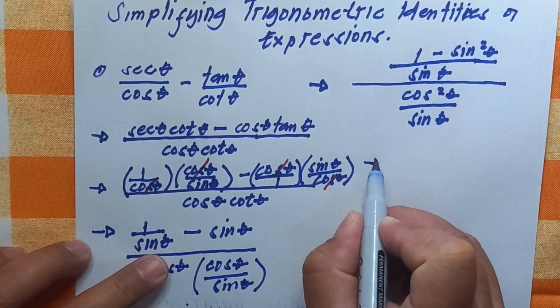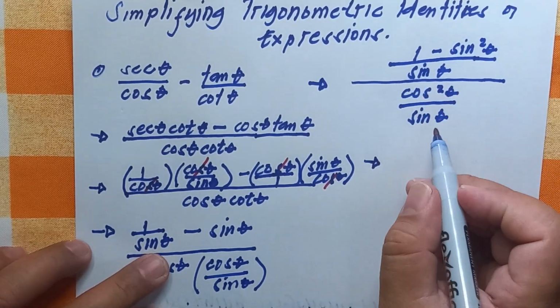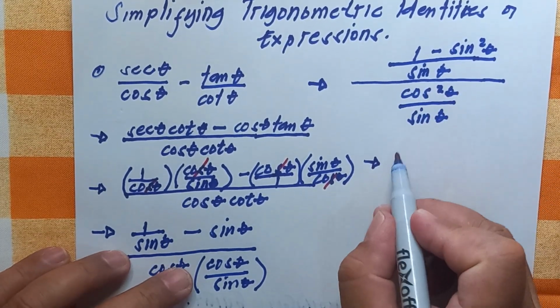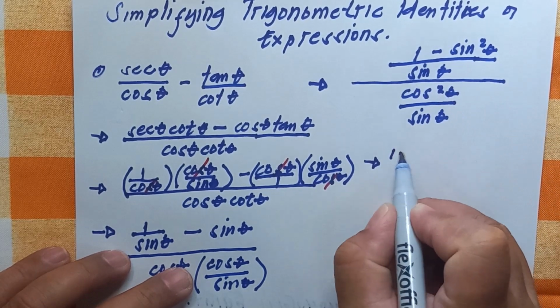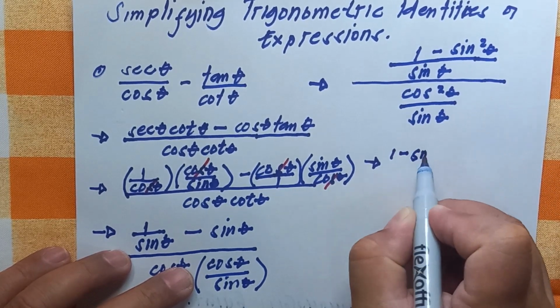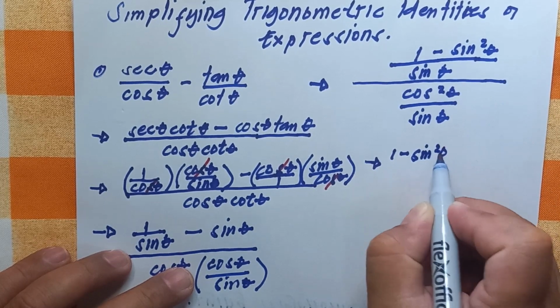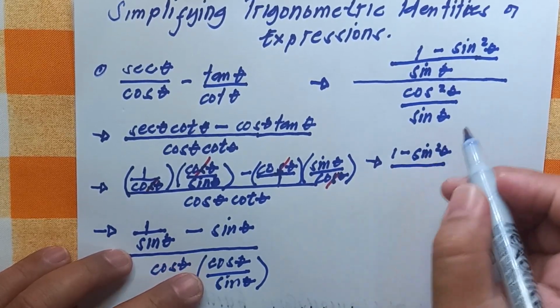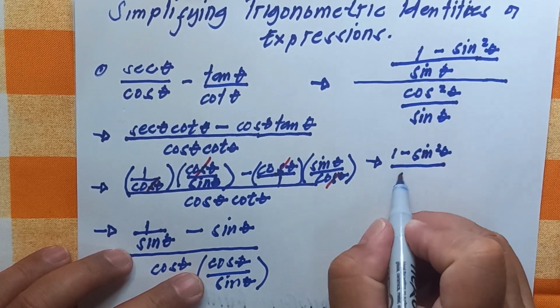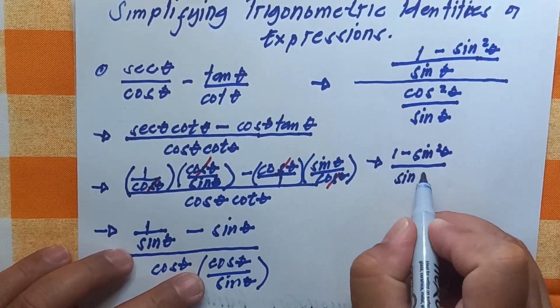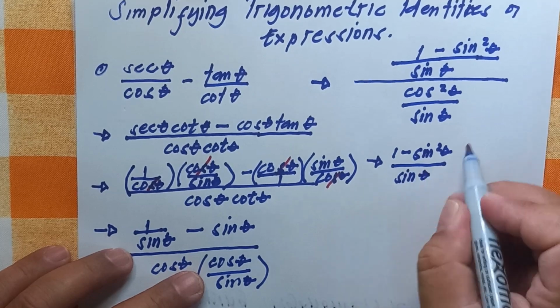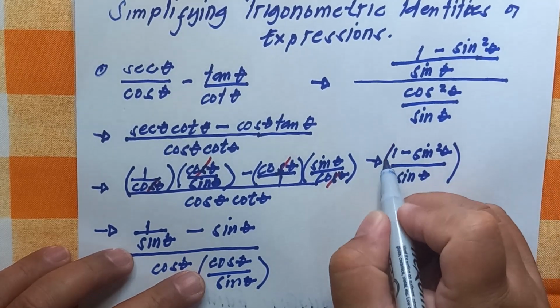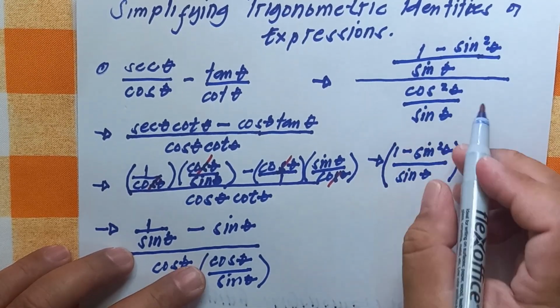So when we are going to do that one, that is the same as 1 minus sine squared theta over this one, sine theta, and that must be multiplied by the reciprocal of this one.